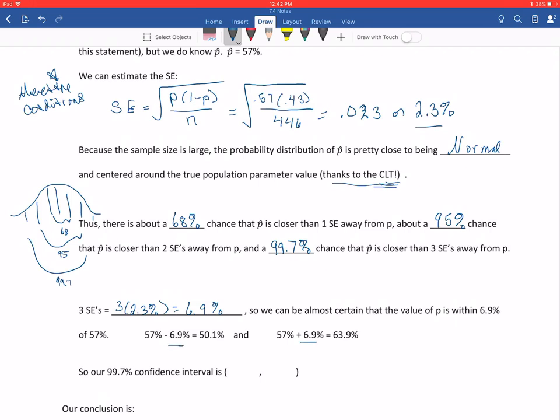So we could go through and both subtract and add that on and arrive at these two values. So what we've created then is a 99.7% confidence interval. This is the confidence level. That's how confident we are in this. And the interval itself is between 50.1% and 63.9%.